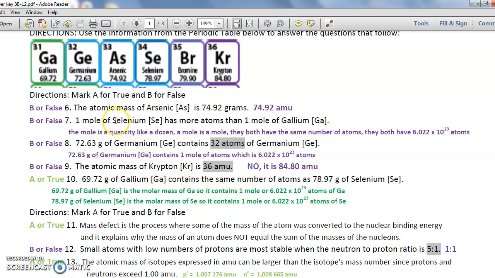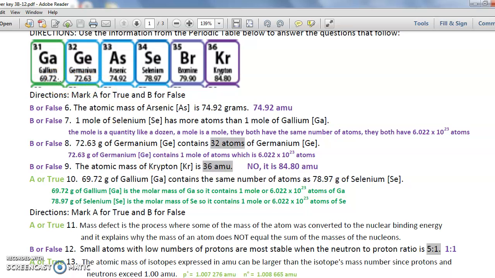Number 10, 69.72 grams of gallium contains the same number of atoms as 78.97 grams of selenium. Absolutely. Those are the molar masses of those substances. 69.72 grams of gallium would have a mole of gallium atoms.